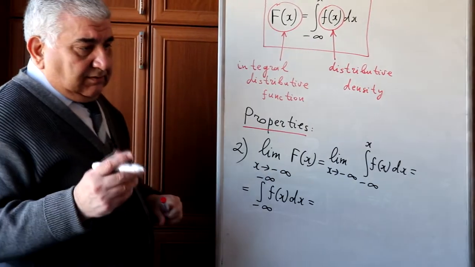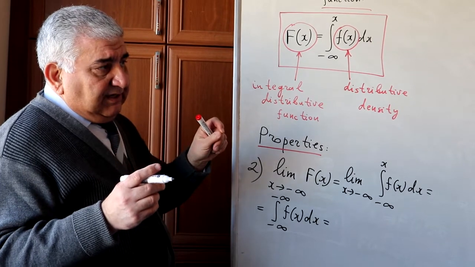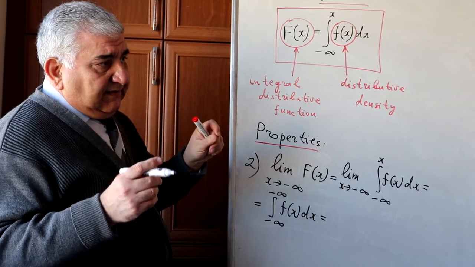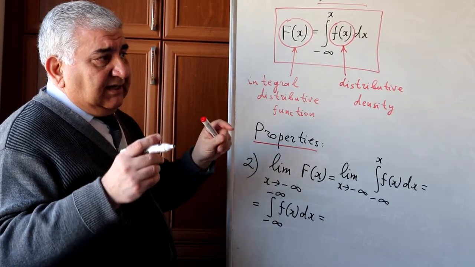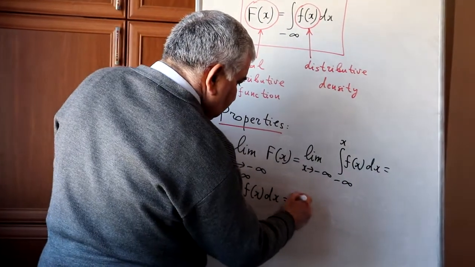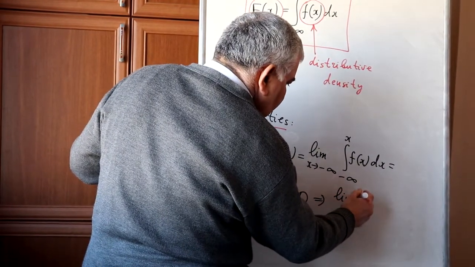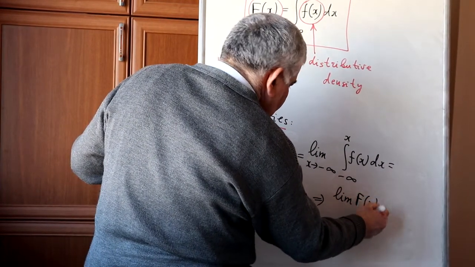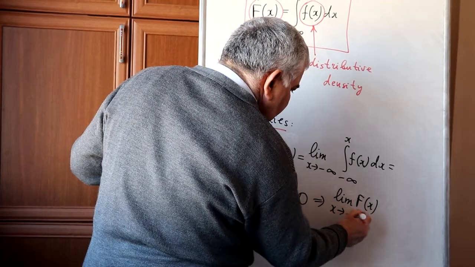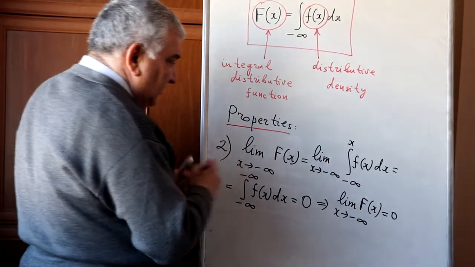And you must know that if the limits of an integral are equal, then such an integral is equal to zero. It means the limit of F of x when x tends to minus infinity is zero. It is the second result, second property.